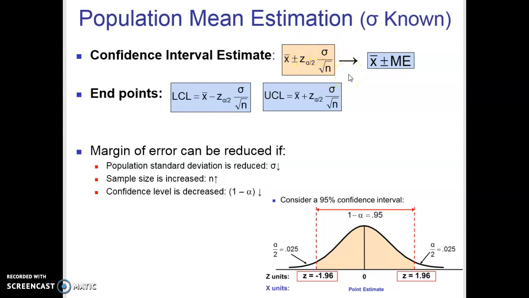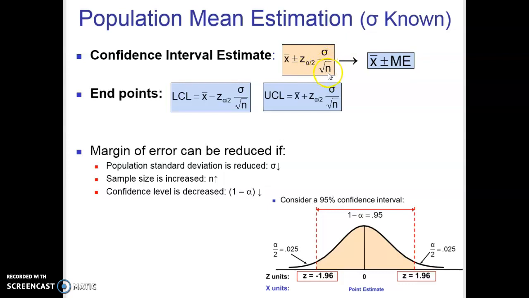So if we know, for example, that the population has less variation in its data, then that's going to give us a lower margin of error when we estimate that population mean than otherwise. If we increase the sample size, that will also lower our margin of error. Our sample size is in our denominator here of our standard error formula.